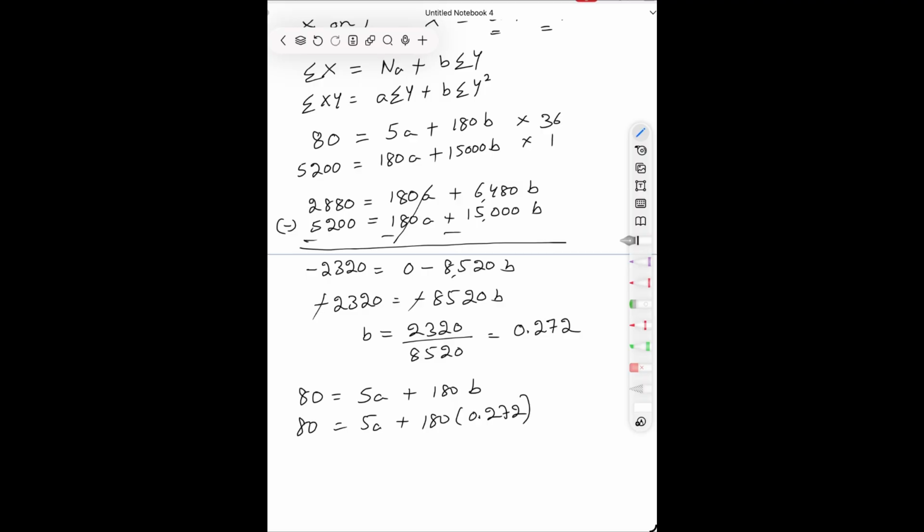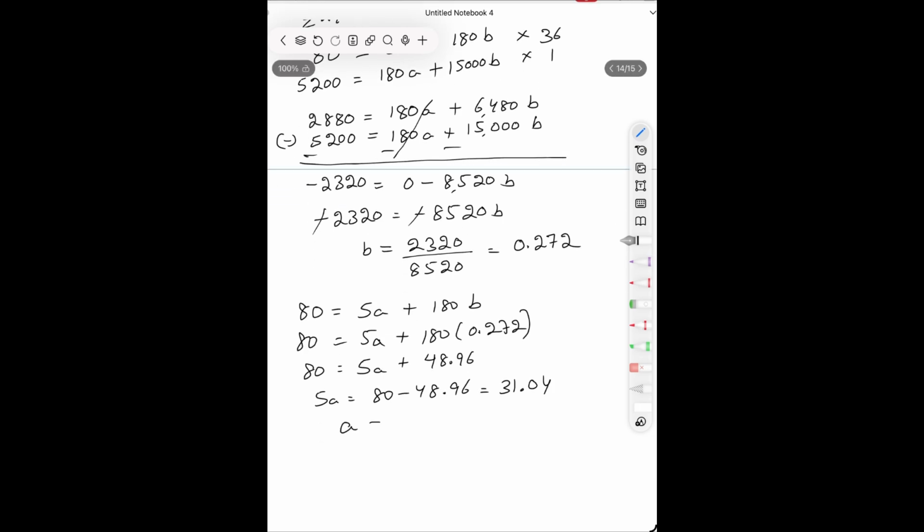So it comes to 80 is equal to 5a plus 48.96. This would mean 5a is equal to 80 minus 48.96, so it comes to 31.04.